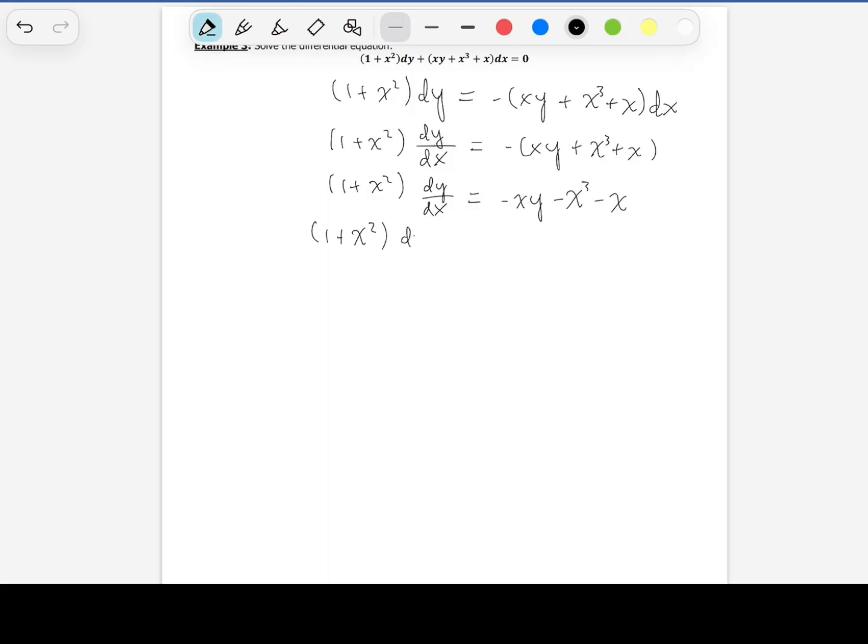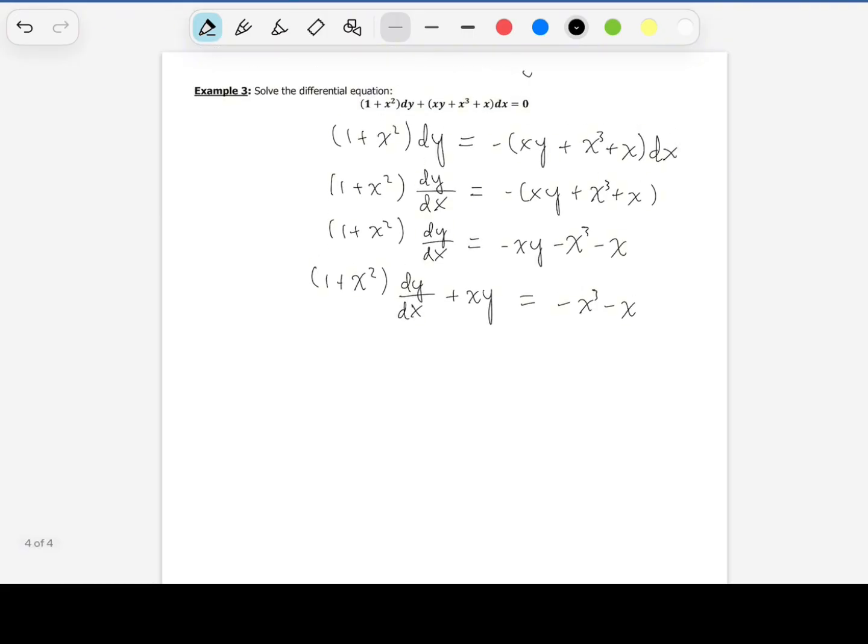And the reason I'm doing this is because if you recall our standard form, I'll write it again up here. We have y prime plus P of x y equals Q of x. So on the right side, we want to just have all x's.